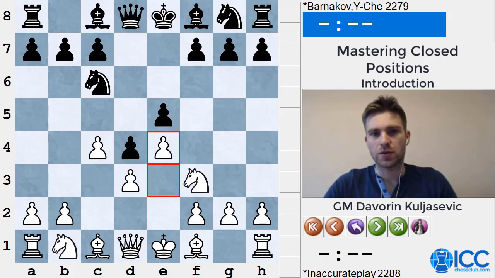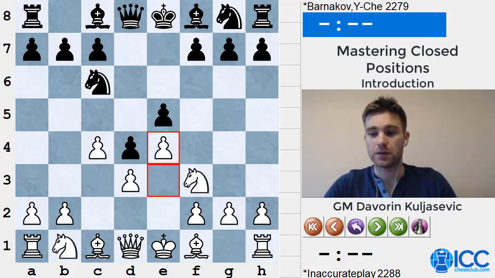On the other hand, in closed positions, this kind of approach sometimes is useless. It's better to think in ideas, in plans, maneuvers. And this is why we will pay special attention to this type of thinking in the course. This is what I call schematic thinking, and we will come to that a bit later.